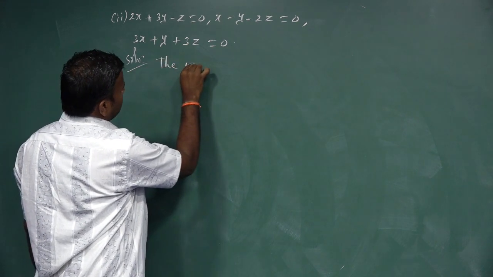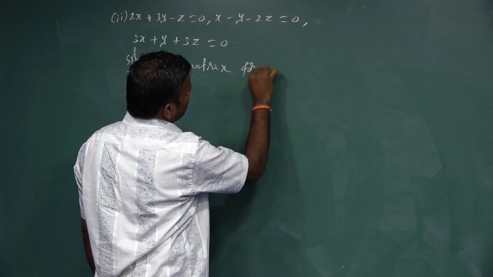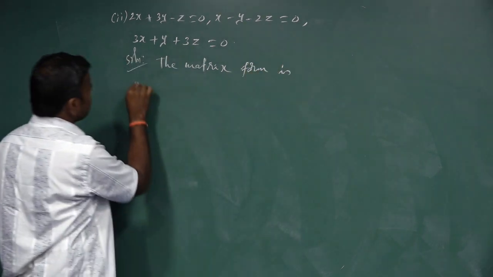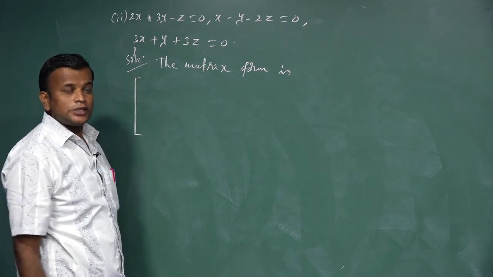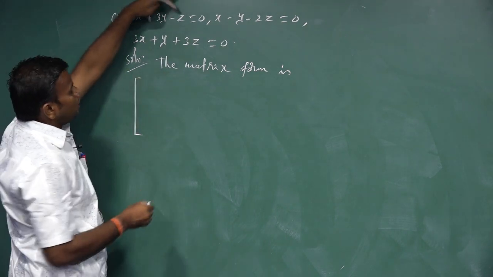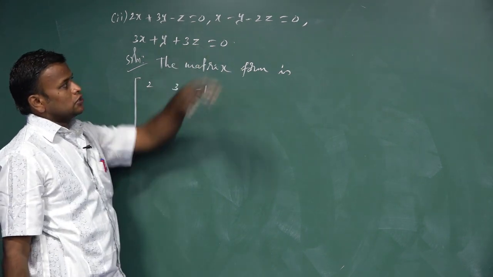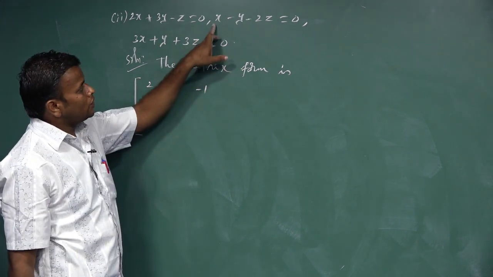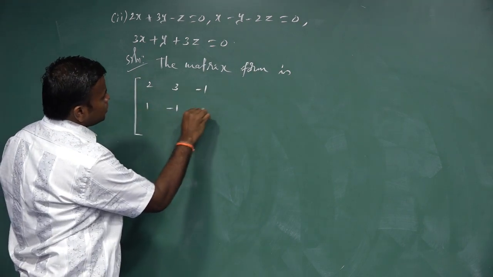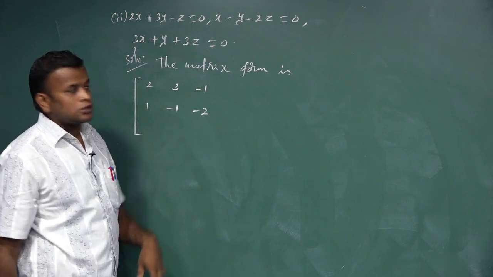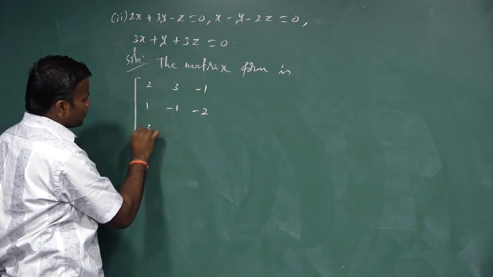The matrix form of the given equations is: first equation coefficients of x, y, z: 2, 3, minus 1. Second equation: 1, minus 1, minus 2. Third equation: 3, 1, 3.